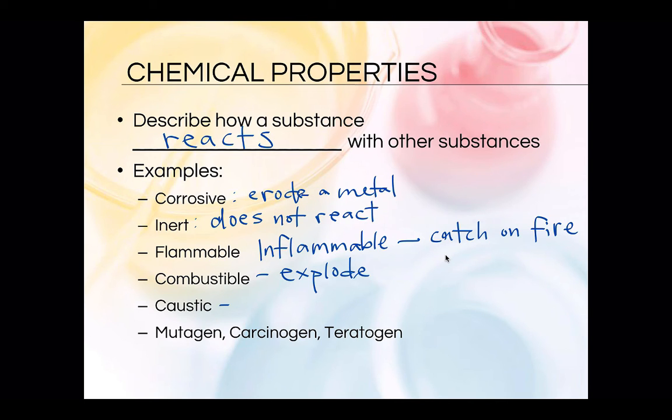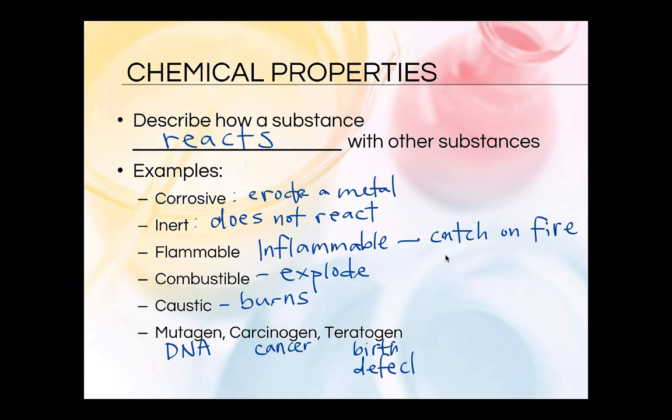Caustic means that it can cause burns, like an acid can burn your skin, and a strong base can also burn your skin. Well, now come the really scary words. Mutagen causes changes in your DNA, and a carcinogen causes cancer, whereas a teratogen is the kind of chemical that can cause birth defects in your offspring.